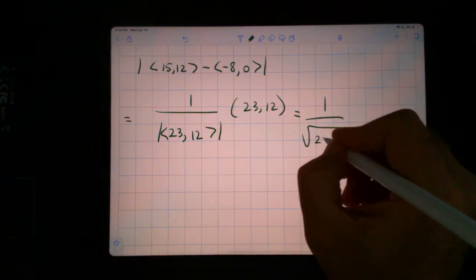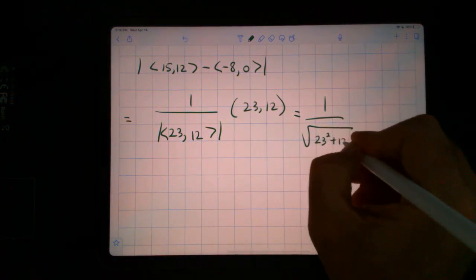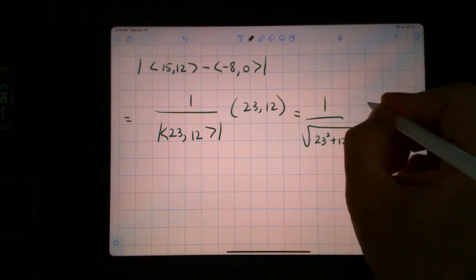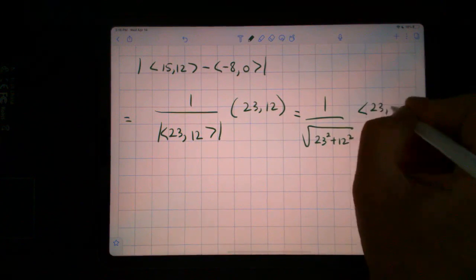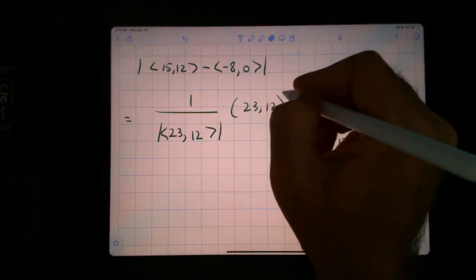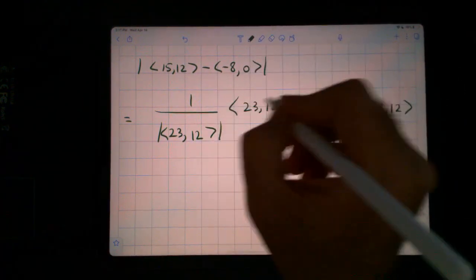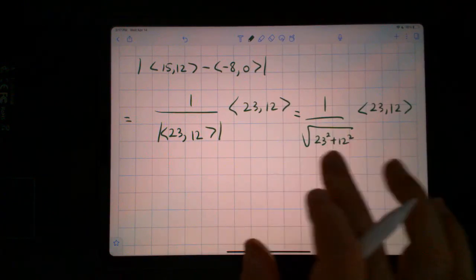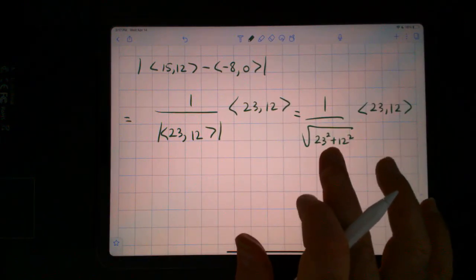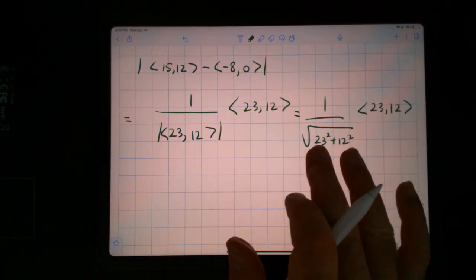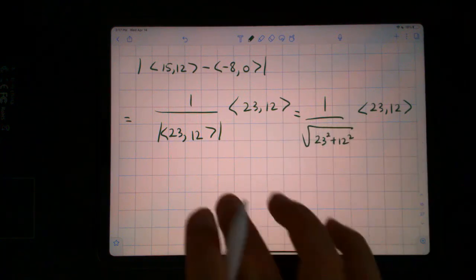Let me pencil in what I'm doing here. The magnitude of the vector is the sum of the two squares square rooted.